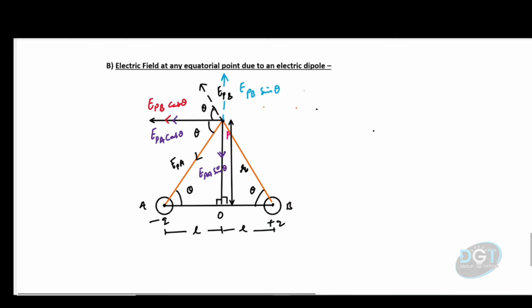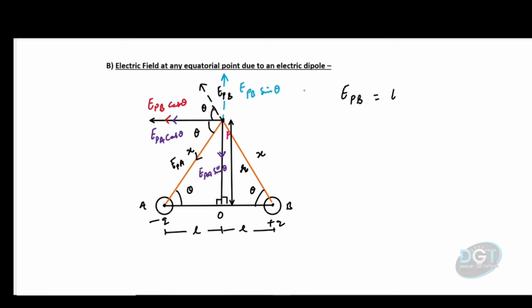Okay, now since we can see the components here, sine and sine components get cancelled out. Electric field at P due to B can be given as, suppose this PB is some x, and same way PA would also be x, as these two angles are similar, so the side would also be same.